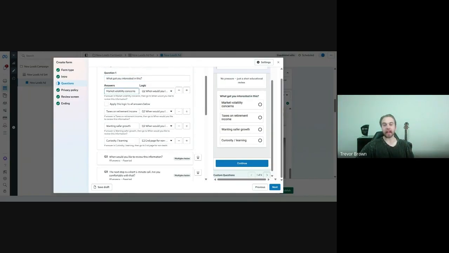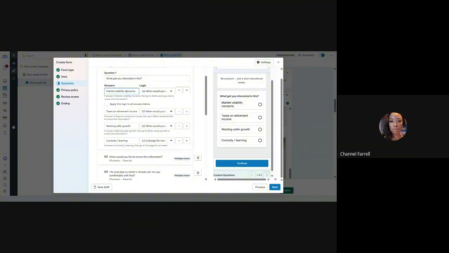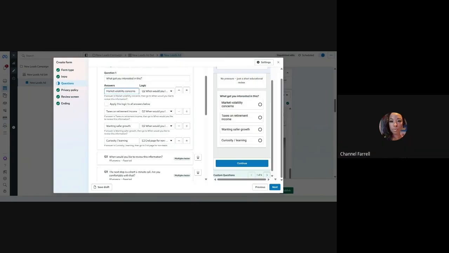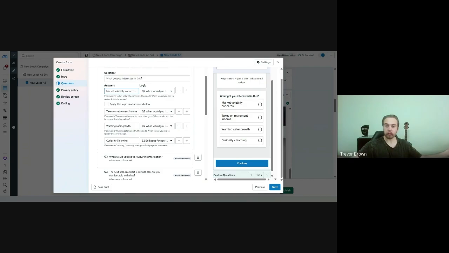If they answer with market volatility concerns, even though you're selling IULs, you get older people. If they answer with the tax advantage for retirement, you get richer people to opt into IULs. I see where this is driving.